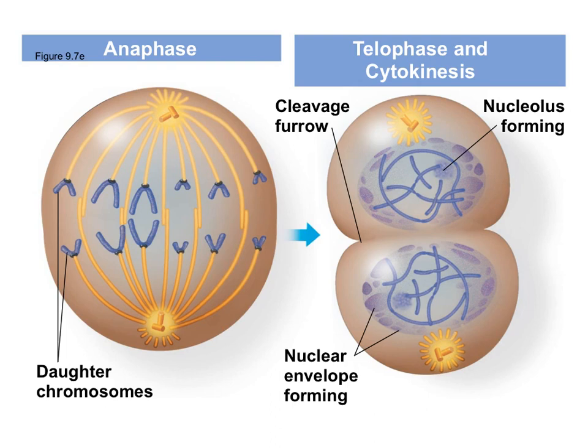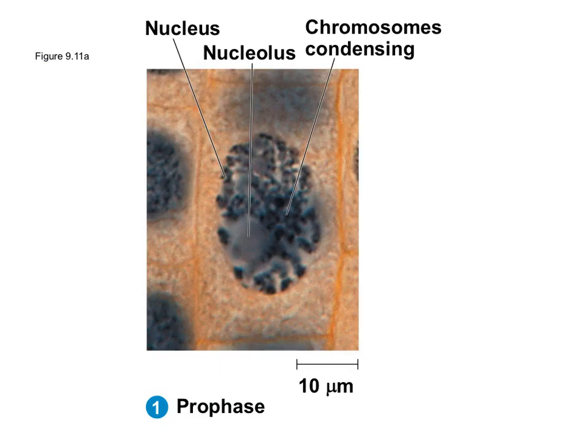These little fibers are basically contracting and pulling them towards the poles, or the ends of the cell. In telophase, the nuclear envelope starts to reform, the chromosomes are decondensing, and in cytokinesis, I am pinching off the cell membrane to form two different cells.